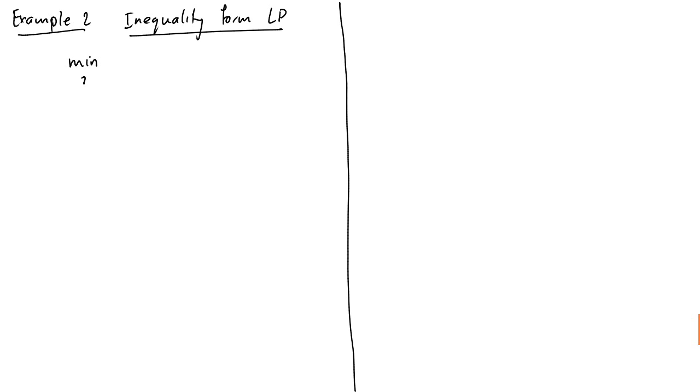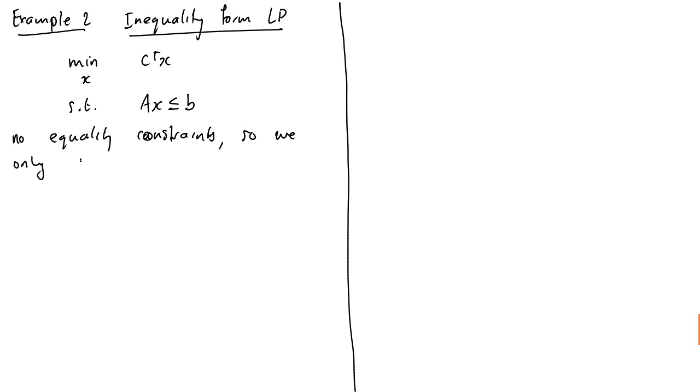Minimize over x, c transpose x, subject to Ax less than or equal to b. Okay, so no equality constraints. So we only need lambda. Dual variables. We don't need the nu ones.